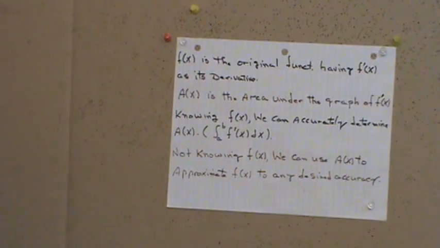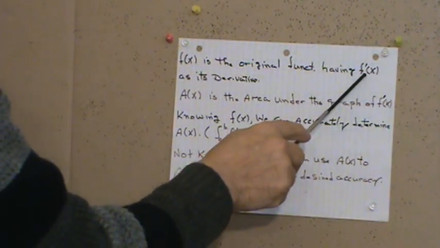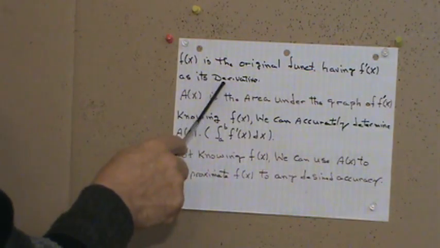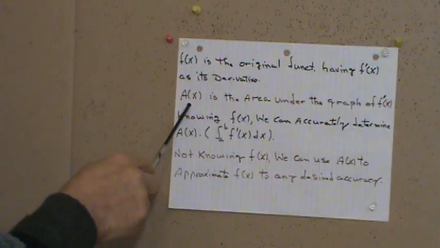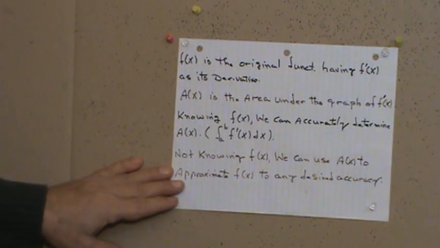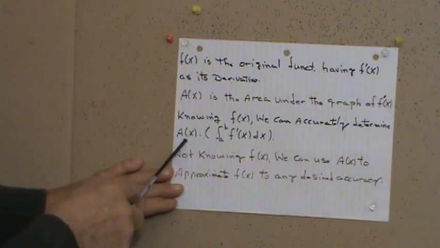Now it says that f of x is the original function having f prime of x as its derivative, right? Now, A of x is the area under the graph of f prime of x, all right? Now, knowing f of x, we can accurately determine the area under the graph of the derivative.